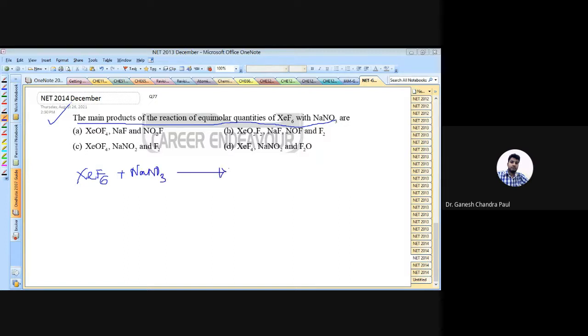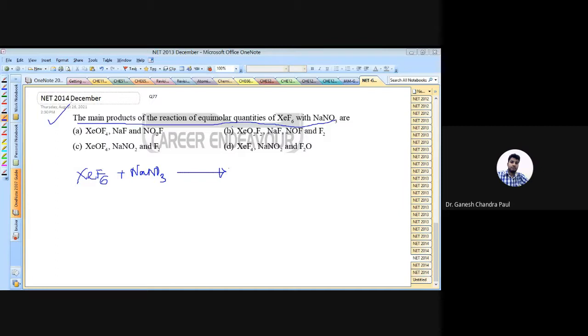What is the product? This reaction is already in the book R.P. Sarkar Volume 2, for the preparation of a xenon oxofluoride compound.